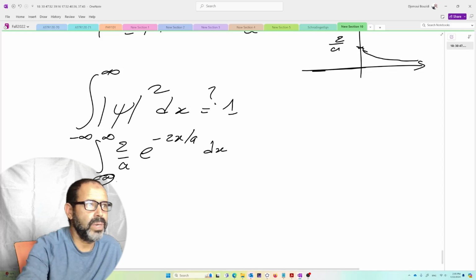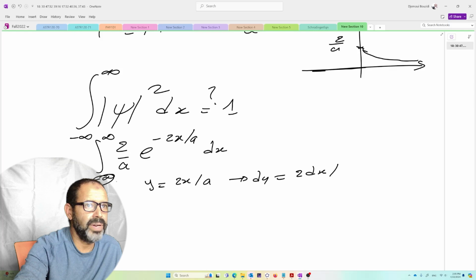Okay, so in here we're going to do a variable change. We're going to set y equal to 2x over a, which means that dy is equal to 2dx over a. So this integral becomes from 0 to infinity, because the boundaries of integration do not change. When x goes to 0, y is 0. When x goes to infinity, y goes to infinity, of basically exponential of negative y dy.